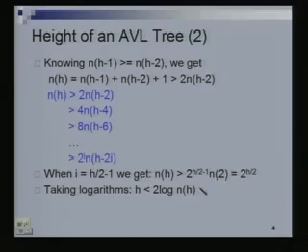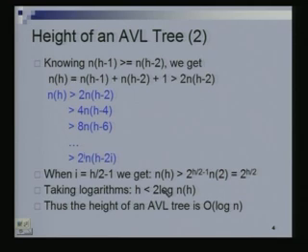It will satisfy this relation because n is only going to be larger than n of h. What was n of h? N of h was this minimum possible number of nodes. So any AVL tree on n nodes has height at most 2 log n from this argument.